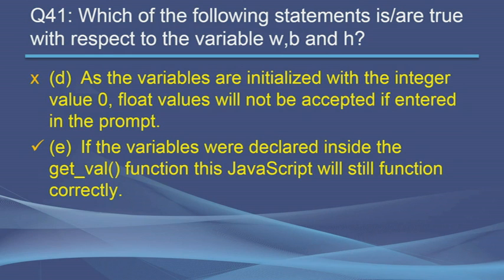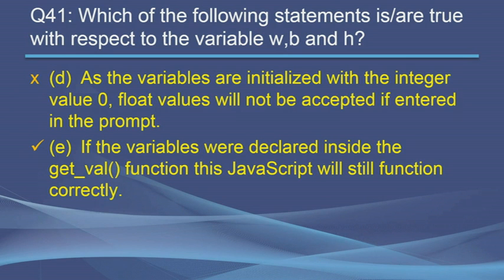So now you are prompting to get values into w, b and h, and if you enter float values, that is values with decimal points, JavaScript is flexible in that it only allocates a variable reference, and if you initialize it to an integer, you can still write float values or string values or logical values or Boolean values into those particular variables. So it is not restricted to only the initialized variable type.